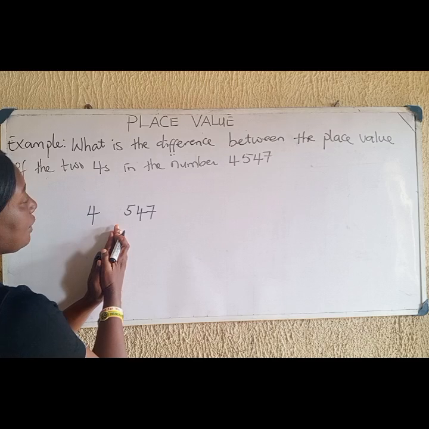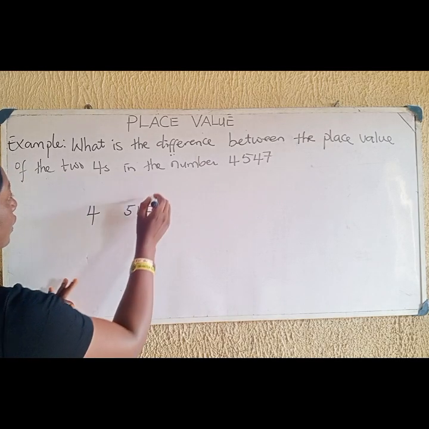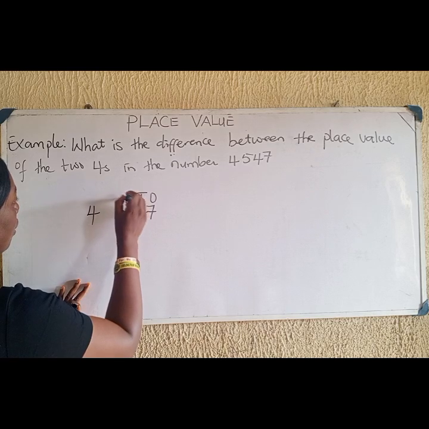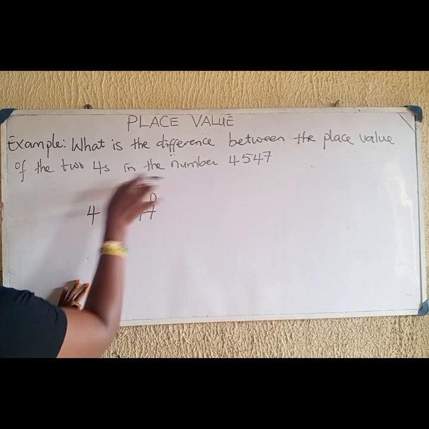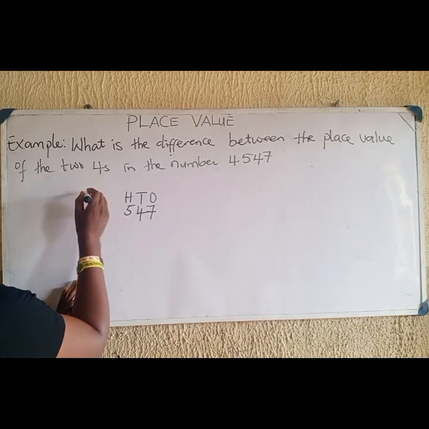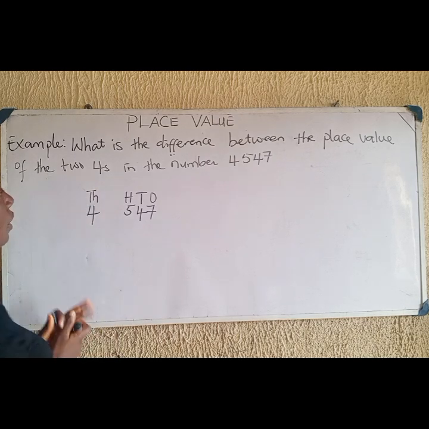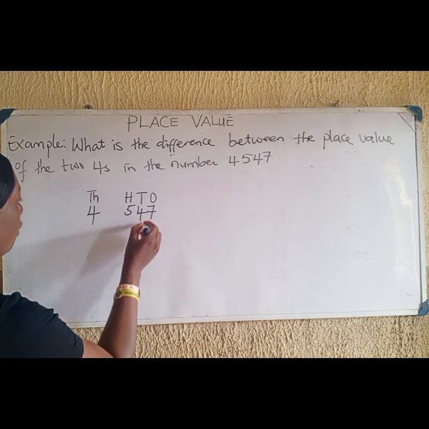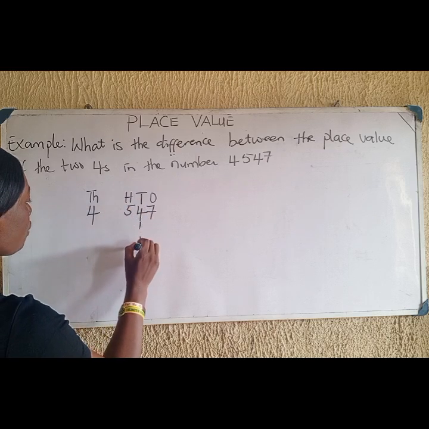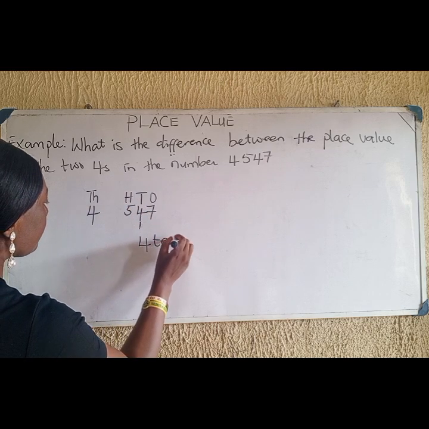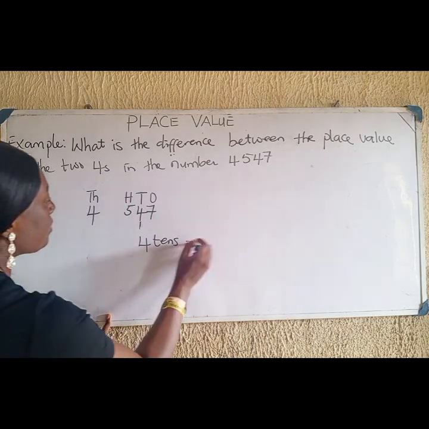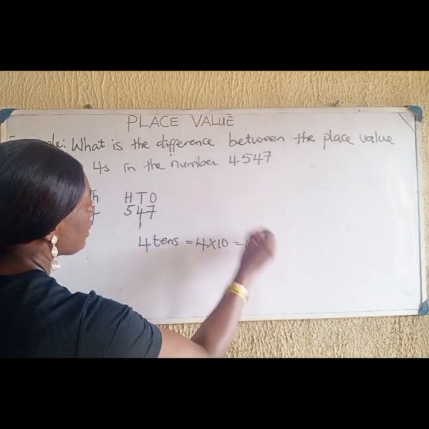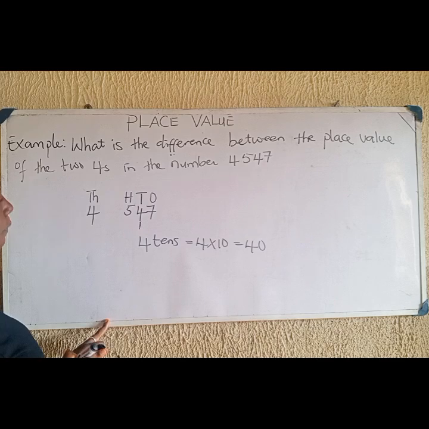Then after grouping it, I will now put the place value. This is 1, tens, 100. After this, another column here is what? 1,000. I'll stop. Then what is the position of this 4? This 4 is under tens, which is 4 tens. And 4 tens is the same thing as 4 times 10, which is what? 40. I hope it's clear.